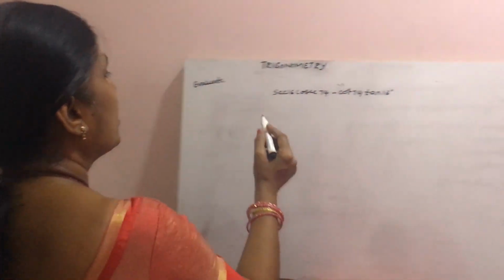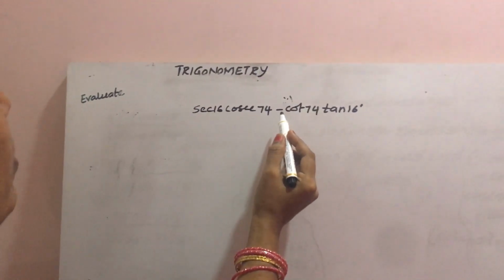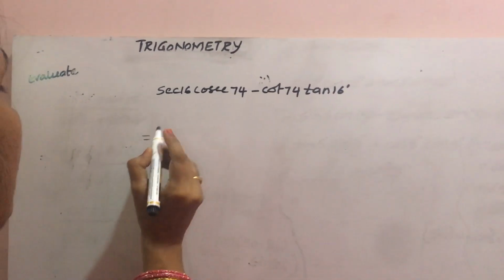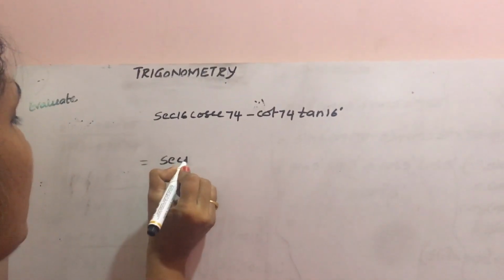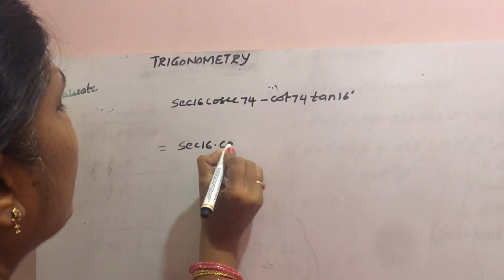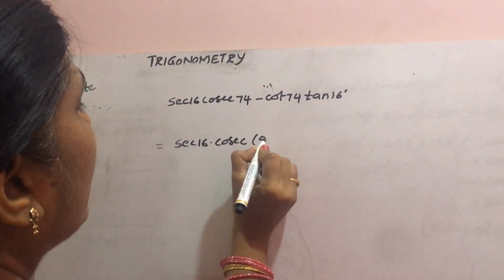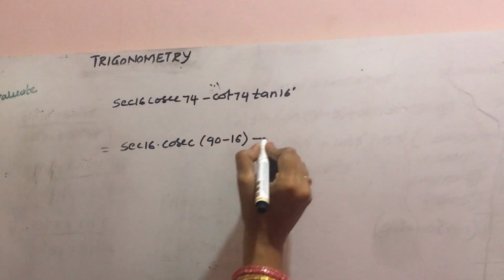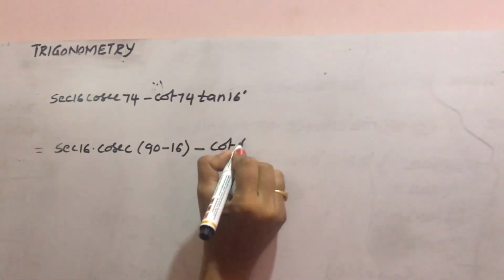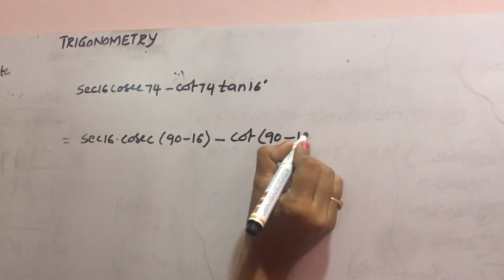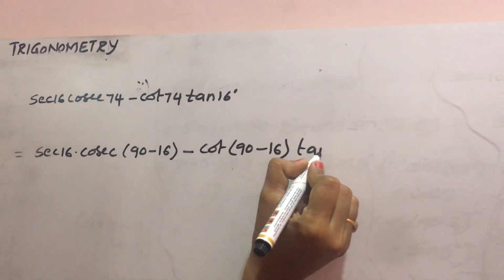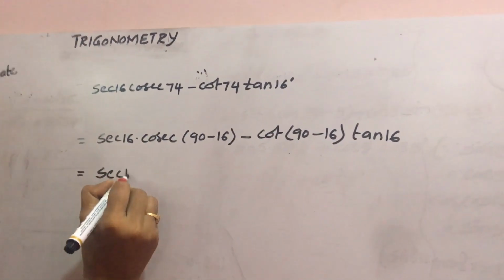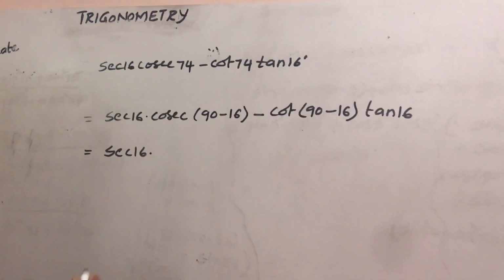See the problem, sec 16 into cosec 74 minus cot 74 into tan 16 is equal to, we can write sec 16 into cosec 74, which can be written as cosec (90 minus 16), minus cot 74, which can be written as cot (90 minus 16), into tan 16, which is equal to sec 16 into, what is cosec (90 minus theta)?